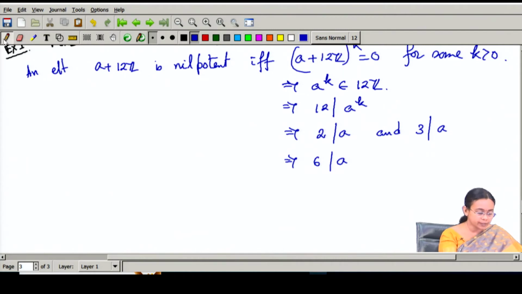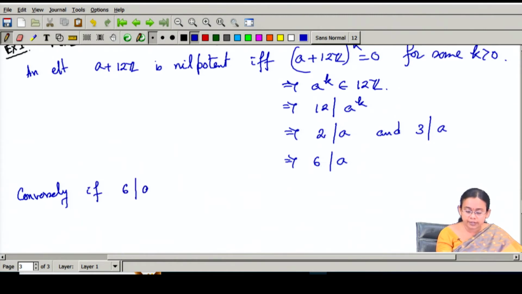So, for that, conversely, if 6 divides A, I would like to prove that it should be a nilpotent element. In that case, you can observe that if 6 divides A, then 6 square, that is 36, should divide A square.